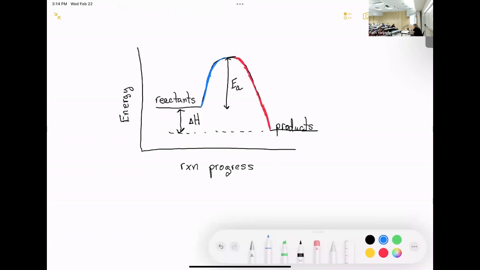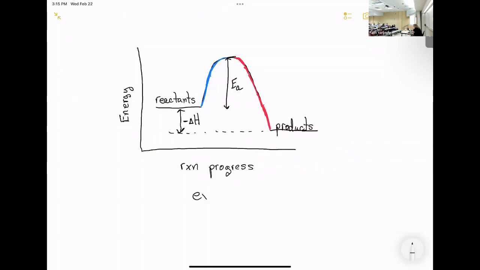So in this particular diagram, we are talking about a negative delta H because more energy was lost by the reaction than absorbed. And in other words, this is an example of an exothermic reaction.